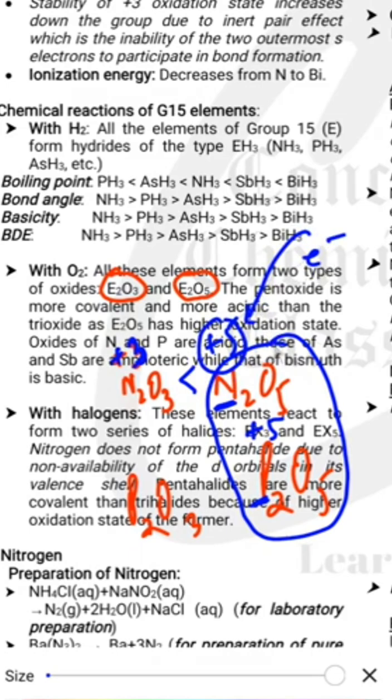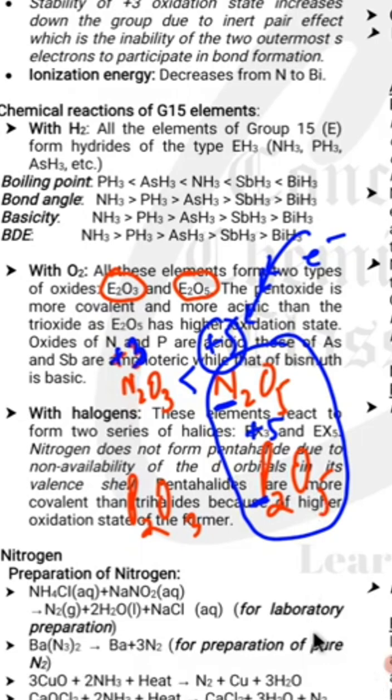Acid is that substance which can accept electrons, while base is that substance which can give out electrons. Okay, so in N2O5 nitrogen has +5 oxidation state, and this N+5 has higher tendency to accept electrons. So this N2O5 will be more covalent and more acidic in nature than P2O5, right?